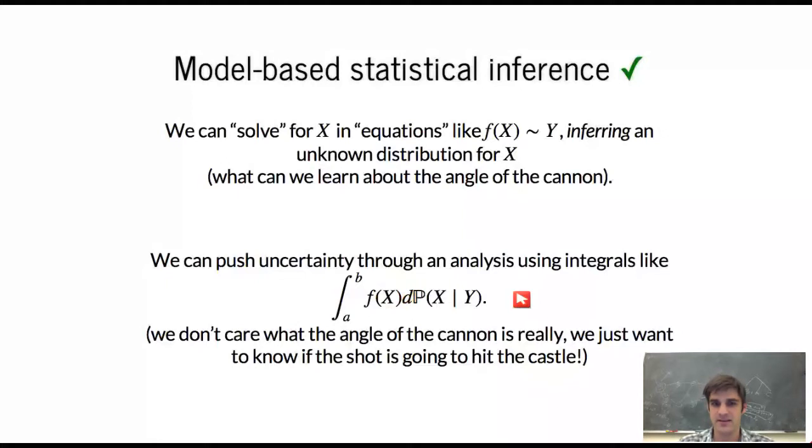What we really care about is if our house is going to get destroyed, if the shot is going to hit the castle, and we can integrate out the uncertainty that we have in X in order to get the probability that it's going to hit the castle. Another approach would be to find the best value for X, the most likely value for X, and then say, given that, are we going to hit the castle or not? But I don't think that's really telling the complete story.